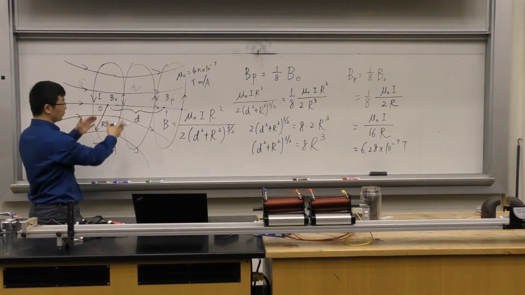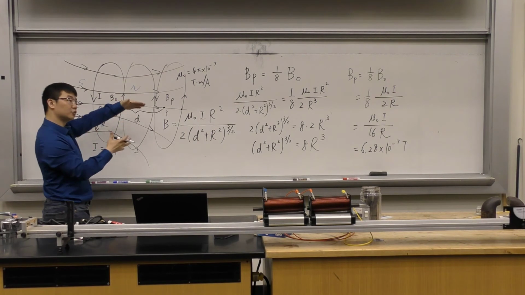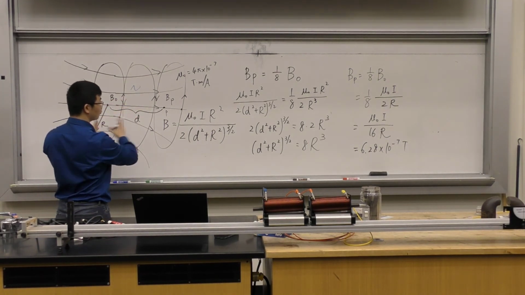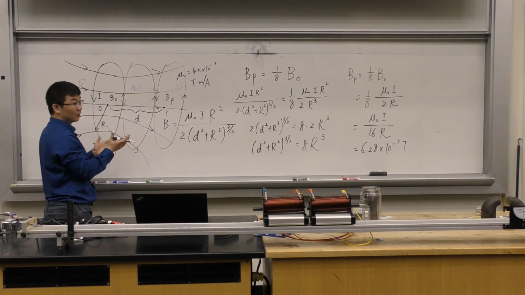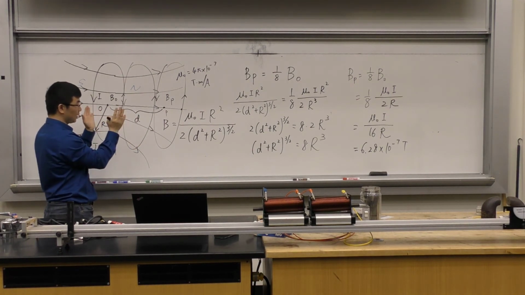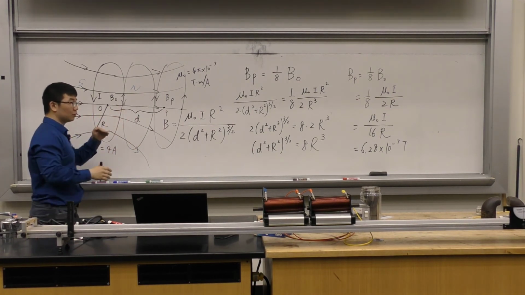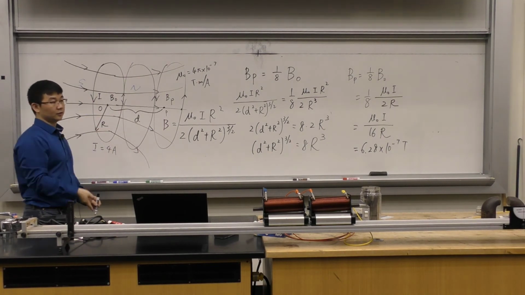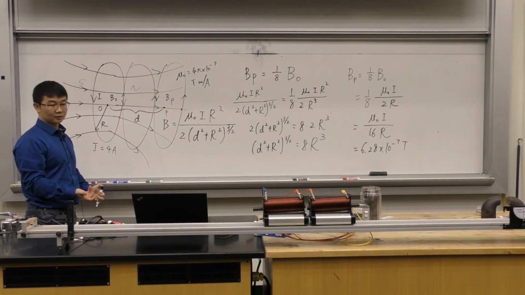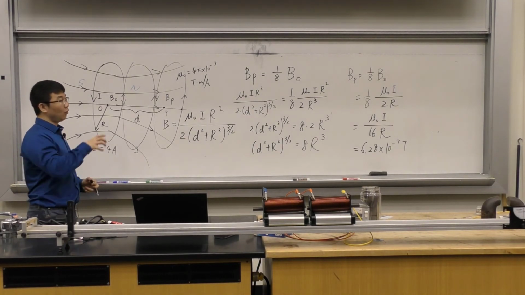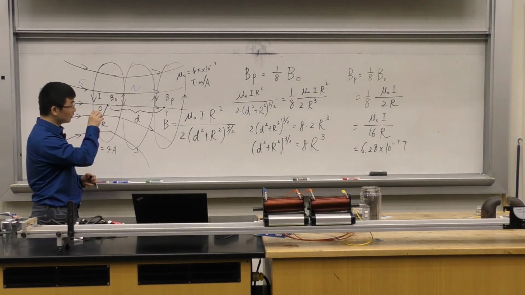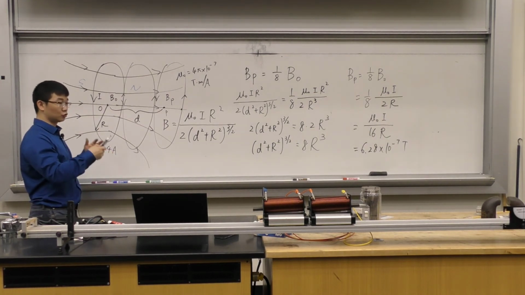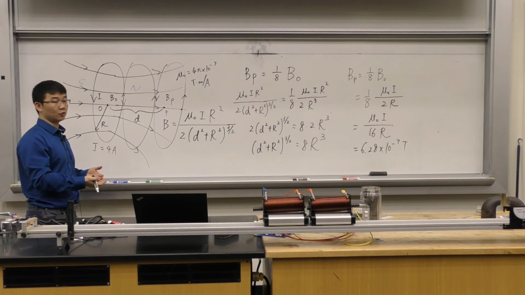You would have 3 magnetic fields in the same direction, and they will add. What if you place 100 of these loops together? I'm not increasing the current, I'm just placing many loops together. Make sure they all have the current going this way. You don't have them going the opposite way, otherwise they're going to cancel. So all the magnetic fields are going to add, and at the end you will have a strong magnetic field.